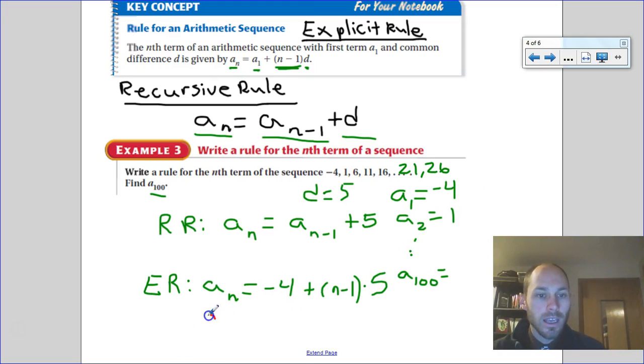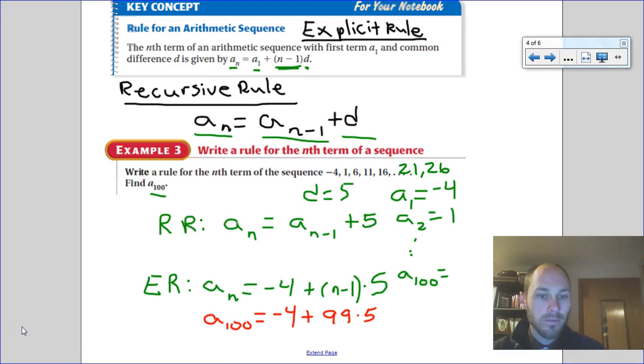So how do we use that to find the 100th term? I say a sub 100, the 100th term, is equal to -4 plus n minus 1, well, n is 100 because it's the 100th term, so 99 times 5. I'll let you calculate that quickly.